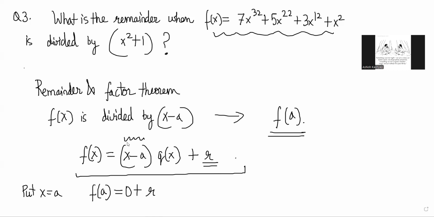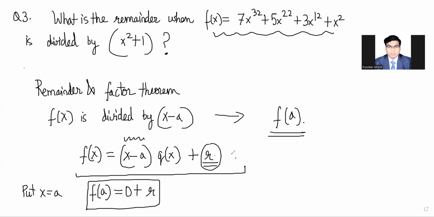And quotient was already degree 1, so this is a constant number, right? Is everyone understanding how we are getting r is equal to f of a? Kaustav, are you understanding what I'm saying? Yes, sir.